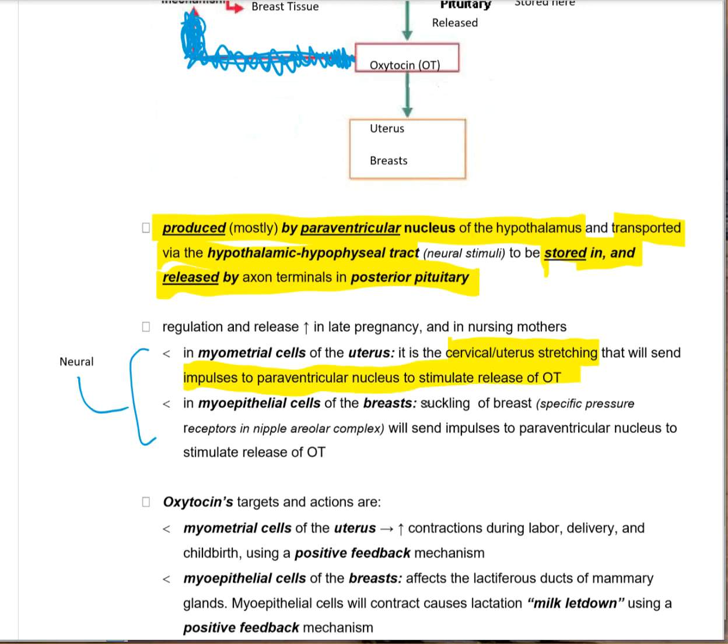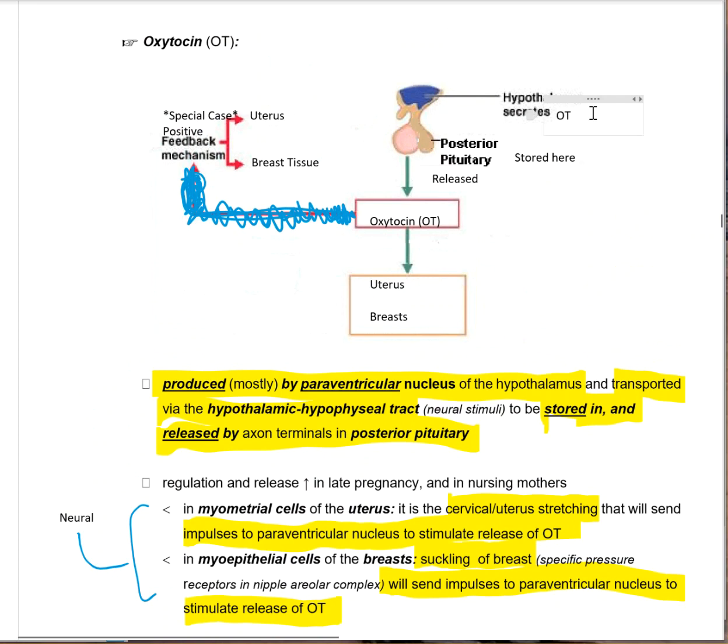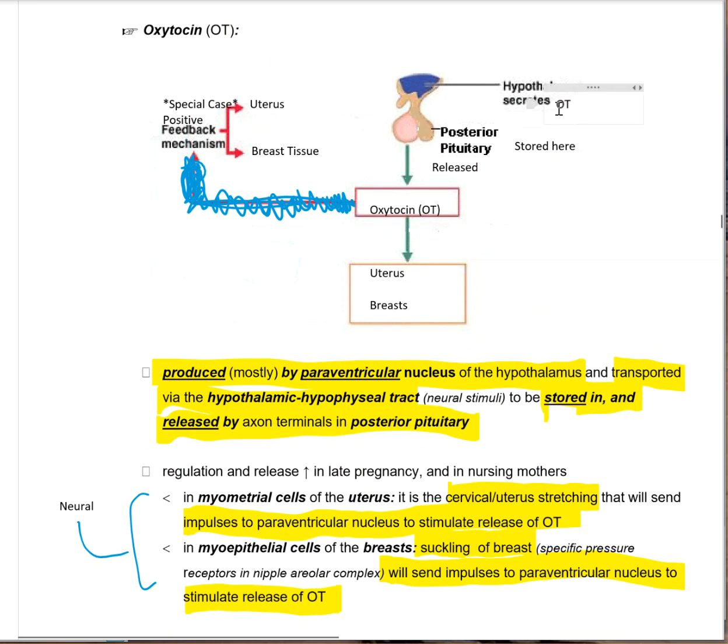We can have suckling of the breast on the receptors in the nipple, and that will cause impulses to go to the paraventricular nucleus to release oxytocin. So if either of those two things are happening during childbirth or after childbirth during breastfeeding, we will cause oxytocin to go here and then eventually to release it.